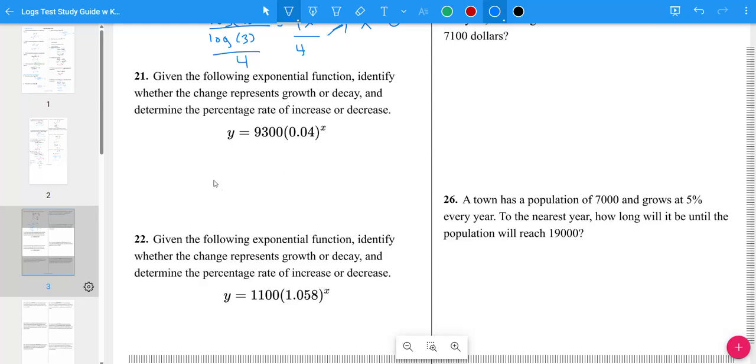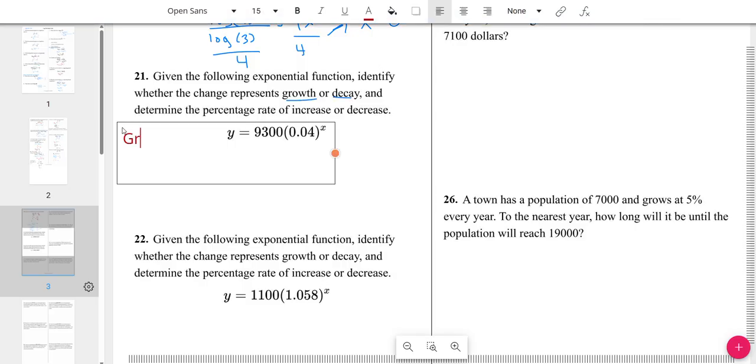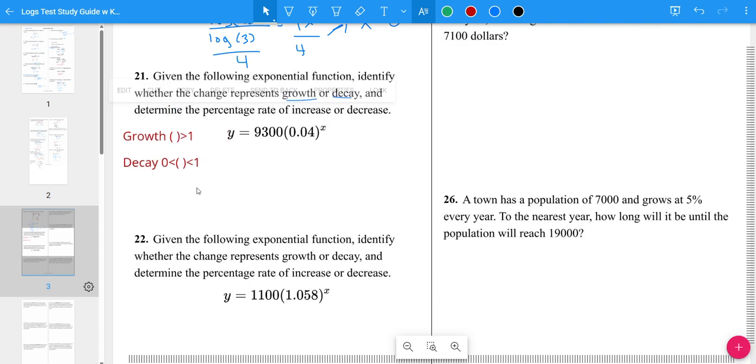Starting back on 21. It says given the following exponential function, identify if it's growth or decay. So remember, for growth, it's if the number in parentheses is above 1, and decay is if it's between 0 and 1.